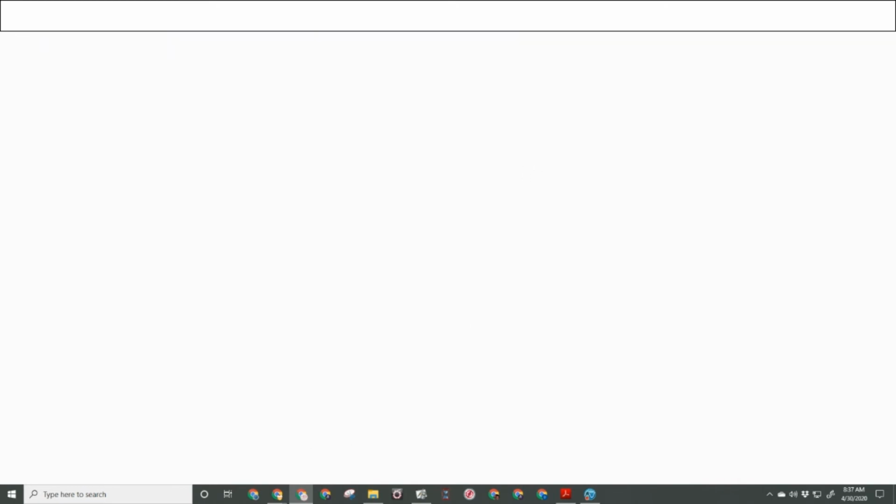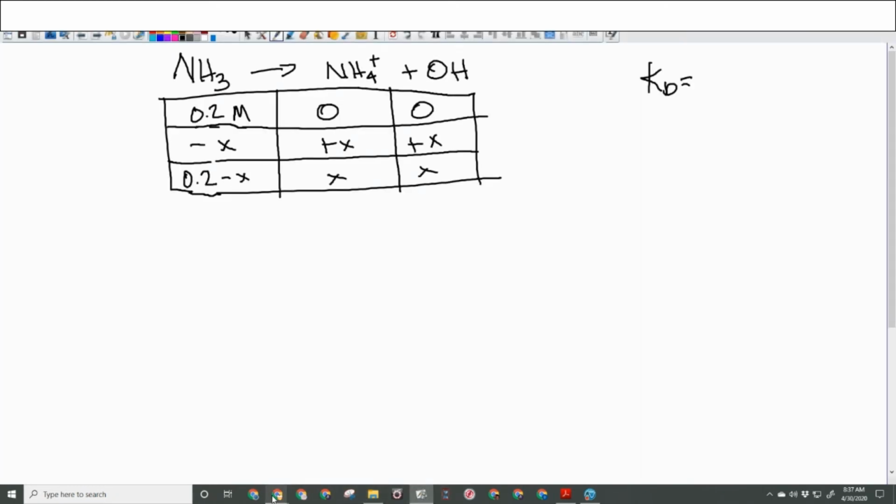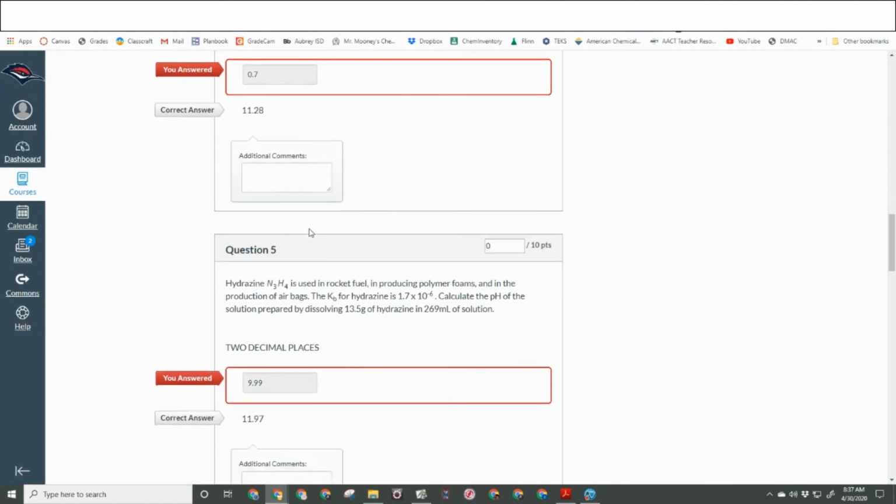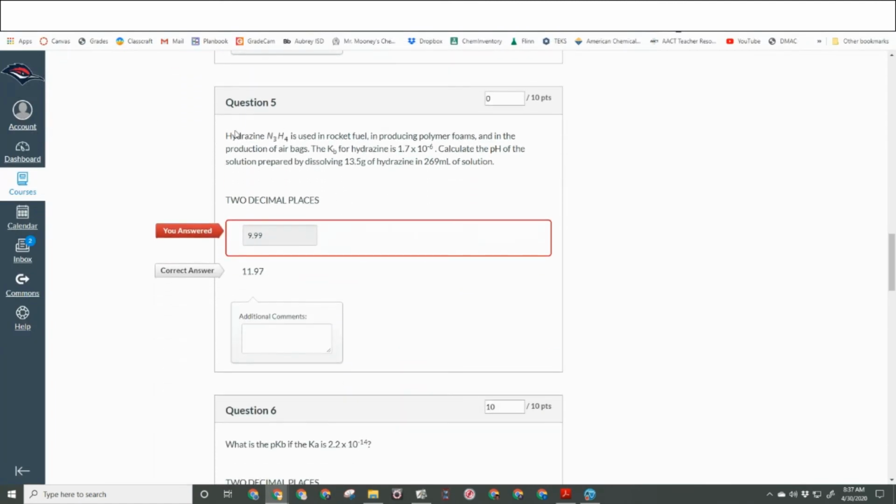Oops, that's not what I wanted. I want this. All right. It says hydrazine N2H4 is used in rocket fuel, in producing polymer foams, and in the production of airbags. It gives you the KB, 1.7 times 10 to the negative 6.